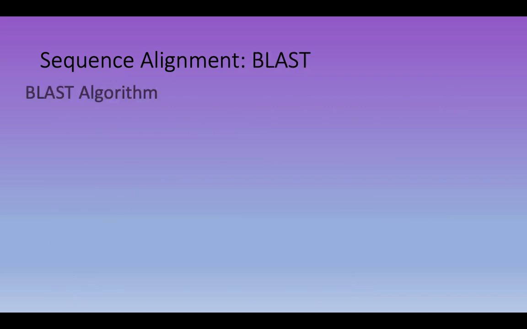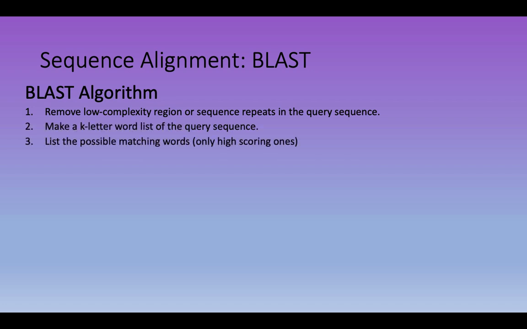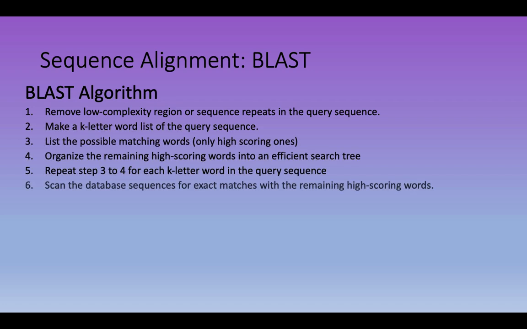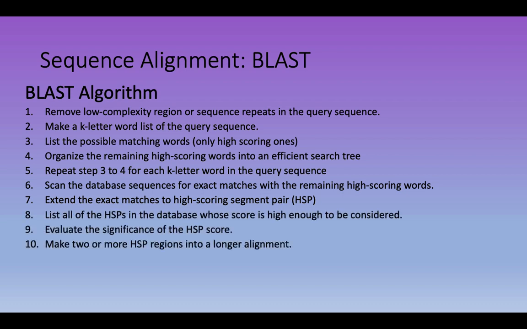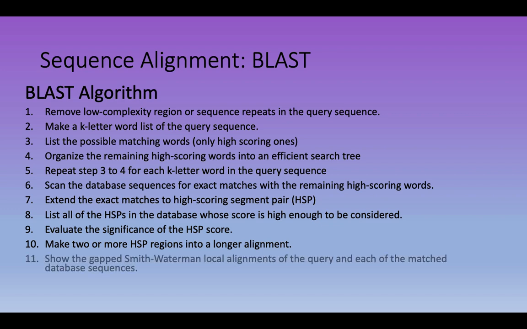So just to remind us, the BLAST algorithm had a set of steps that we walked through, and at the end of this step, we would have identified this high scoring segment pair, this HSP. Part of what we're going to try to do there is evaluate the significance of that pair.